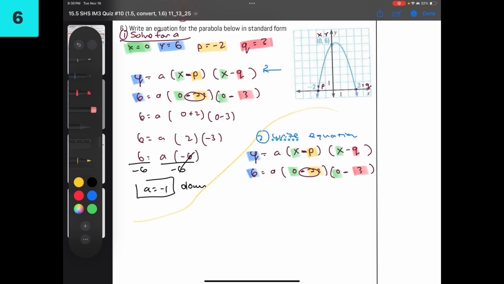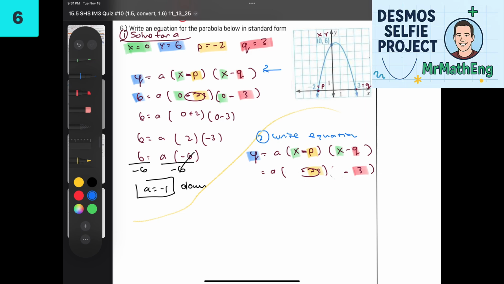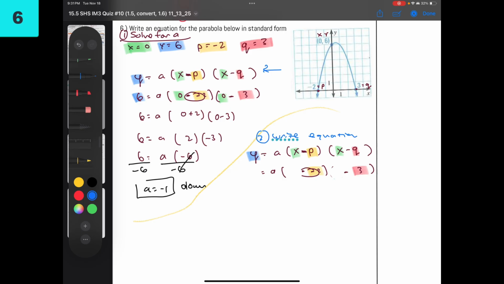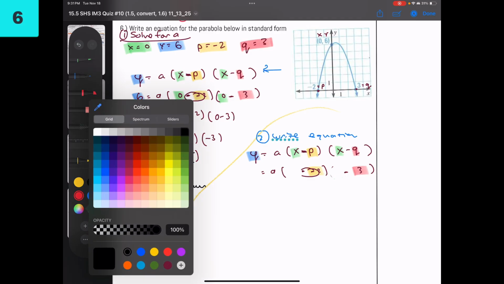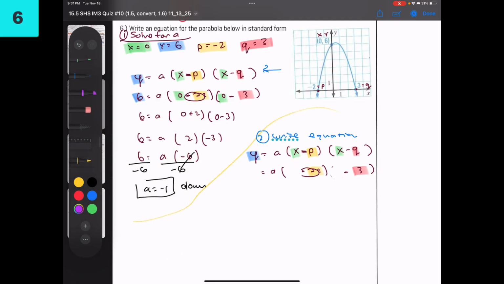But there are some key things in here. You're going to keep your x's and y's. But you're going to substitute your a value. And your a value from over here is now -1. So let's do that.